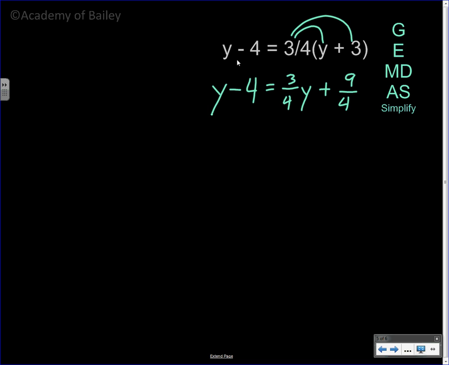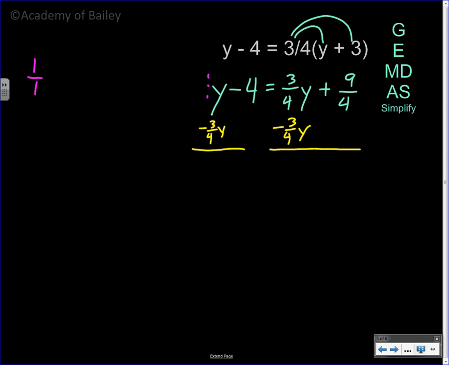All right, let's go with moving all the numbers with variables to one side. So let's subtract 3/4 y from both sides. And in order to do that, remember this is an invisible 1.